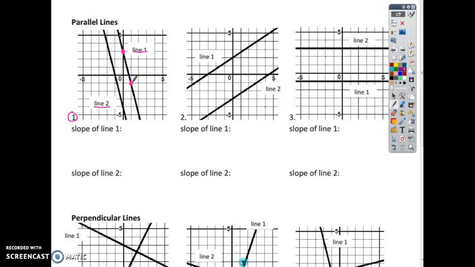Rise over run. We do the rise over the run. So rise over run for all of them. Okay? Do you notice anything about these lines? Are these slopes positive or negative?